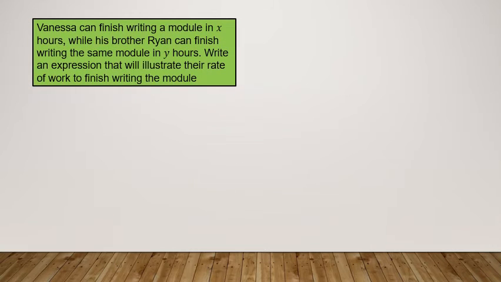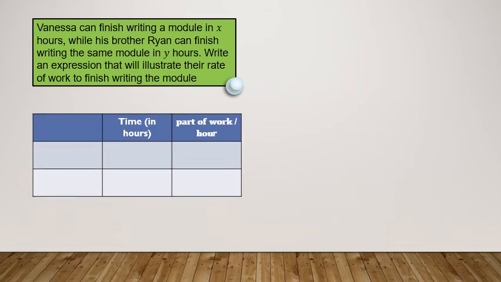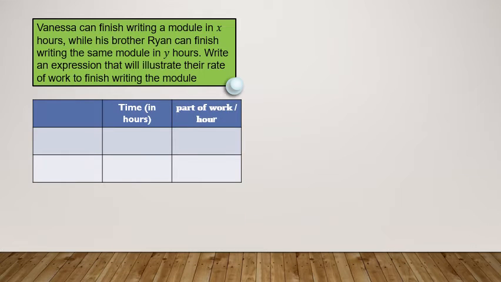Now let's apply the rational algebraic expressions in a real-life situation. Vanessa can finish writing a module in x hours, while his brother Ryan can finish writing the same module in y hours. Write an expression that will illustrate their rate of work to finish writing the module. So let's have the table first: the time in hours, and the part of work over hour.